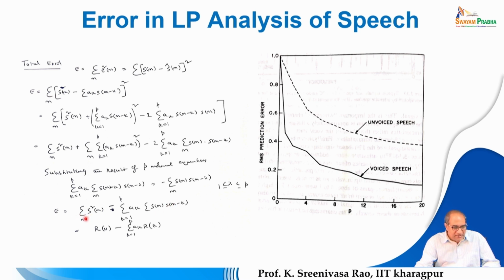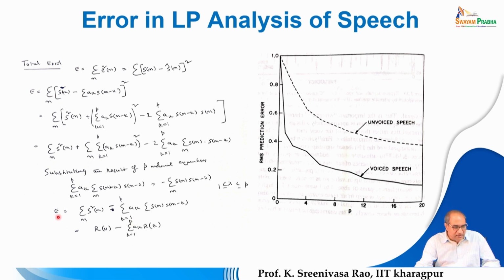So S of n square is R of 0, and ak, where k varies from 1 to p, into S of n into S of n minus k, which is R of k, the autocorrelation at the kth shift. So finally the error is R of 0 minus ak into R of k, where k equals 1 to p.